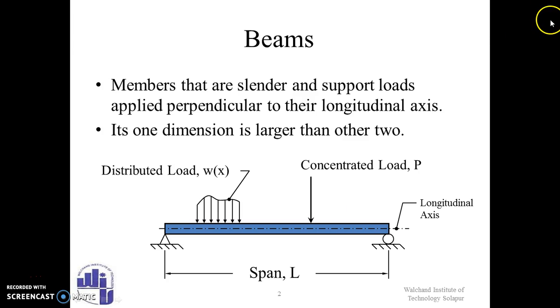Before learning what exactly a beam is and what the different types of beams are, we just discuss some points related to beams or the applications of beams. Beams are generally used in both structures.